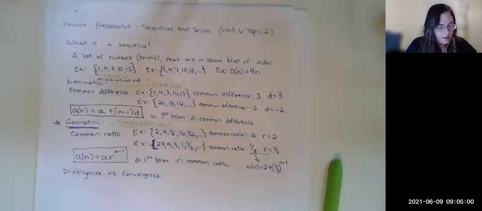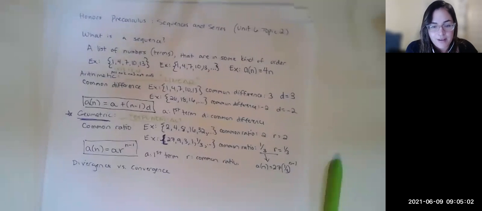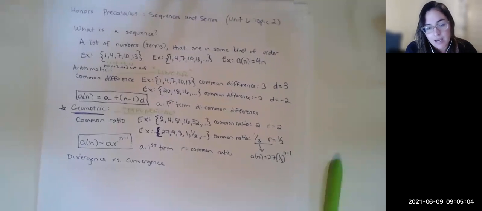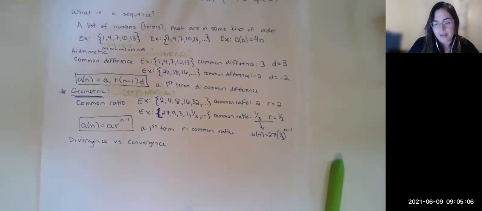All right. Let's talk now a little bit about the idea of divergence and convergence just for a bit. So this goes back to connecting this with functions. So if you have a sequence and you're trying to figure out if it diverges or converges, let's talk about what convergence and divergence really mean.